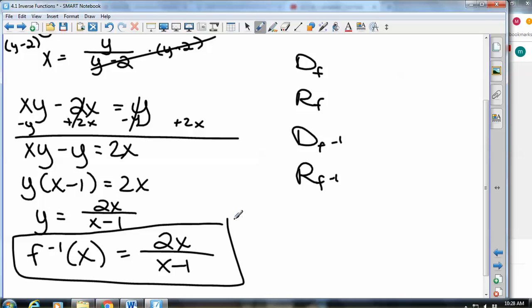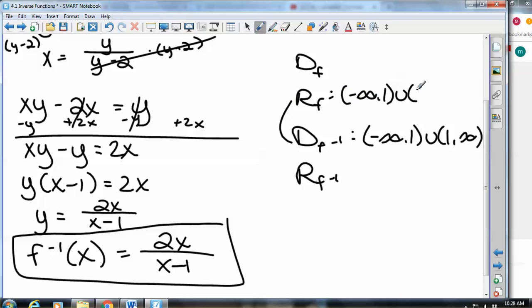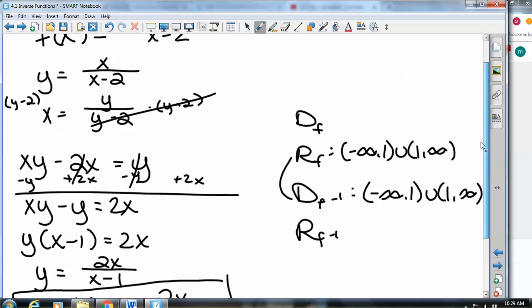While I'm looking at the inverse, what's the domain of the inverse? Negative and negative. So what other one is that going to be equal to? The range. So I can write that twice. Okay.